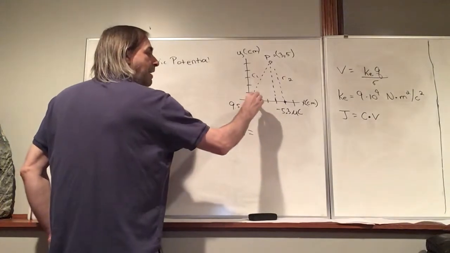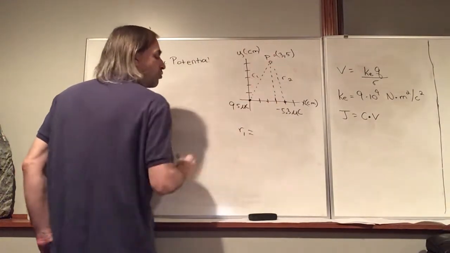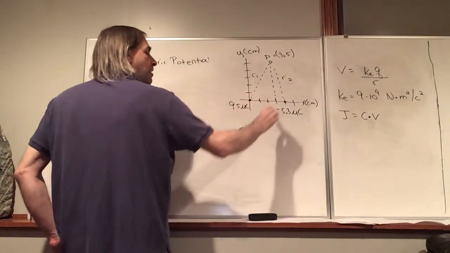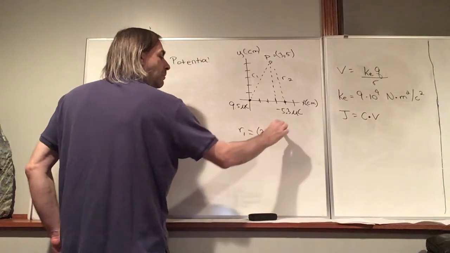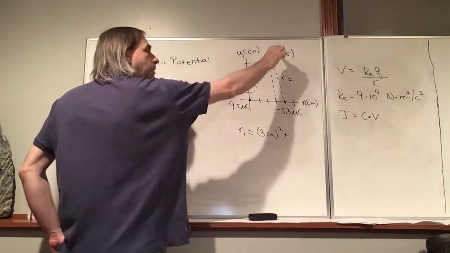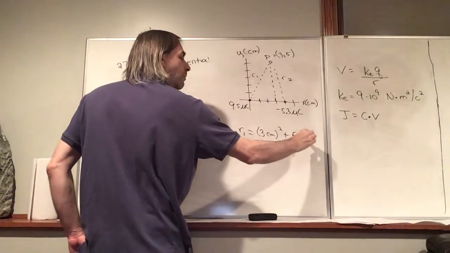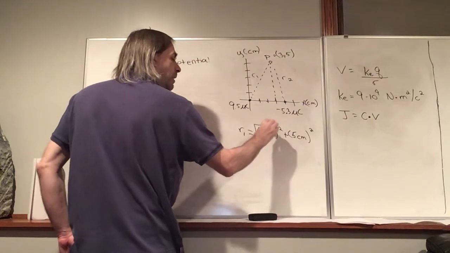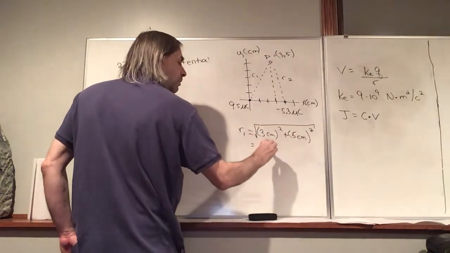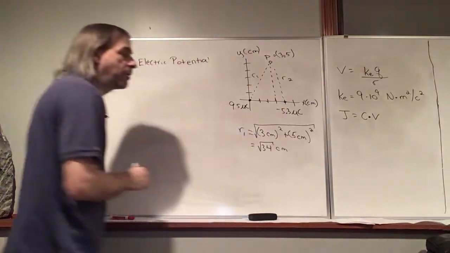So again, this side of the triangle, I know this should be vertical, but I didn't draw it perfectly. So this is 3 centimeters. And then it goes up to 5 centimeters. So if we add those up, and then we take the square root, we get the square root of 34.